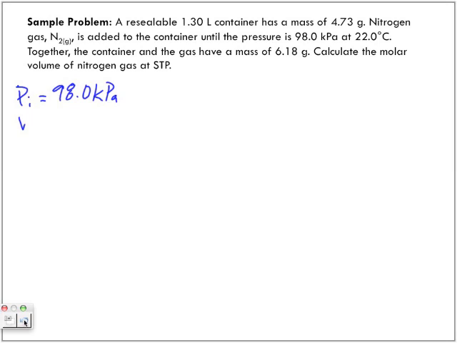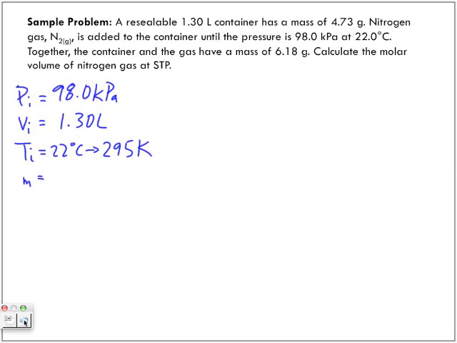We've got the initial volume, the container, 1.30 liters. Initial temperature, 22 degrees Celsius, which translates to 295 Kelvin.